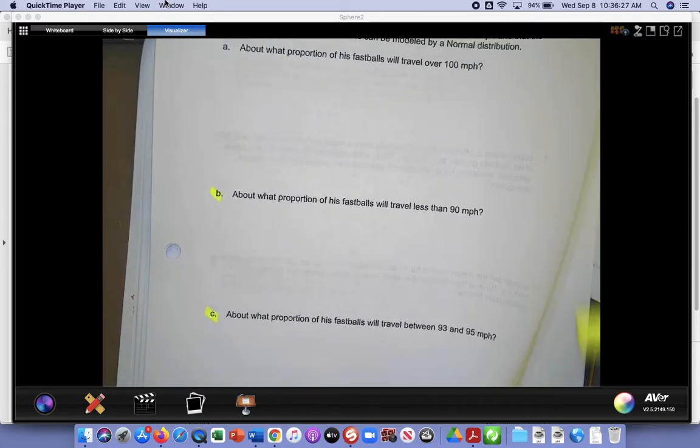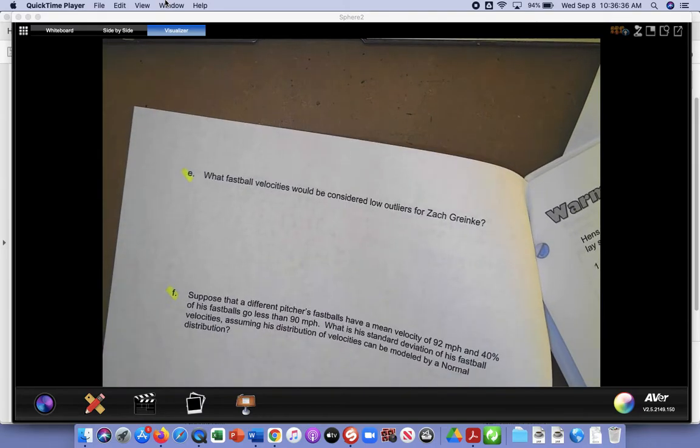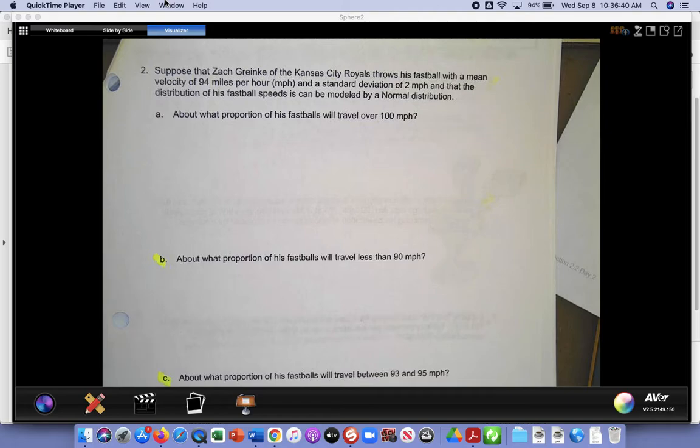B, C, and D would be good ones to do, and then E and F would be good ones to do. So you could skip A and 3 there if you're short on time. If you are not short on time, I would encourage you to do all the practice. I would tell you right now to pause the video because I'm going to show the answers for all of these.